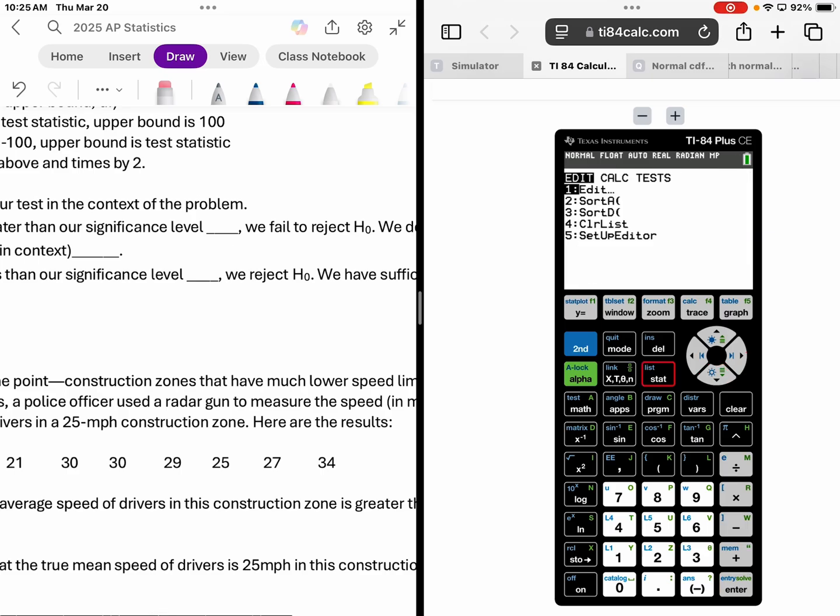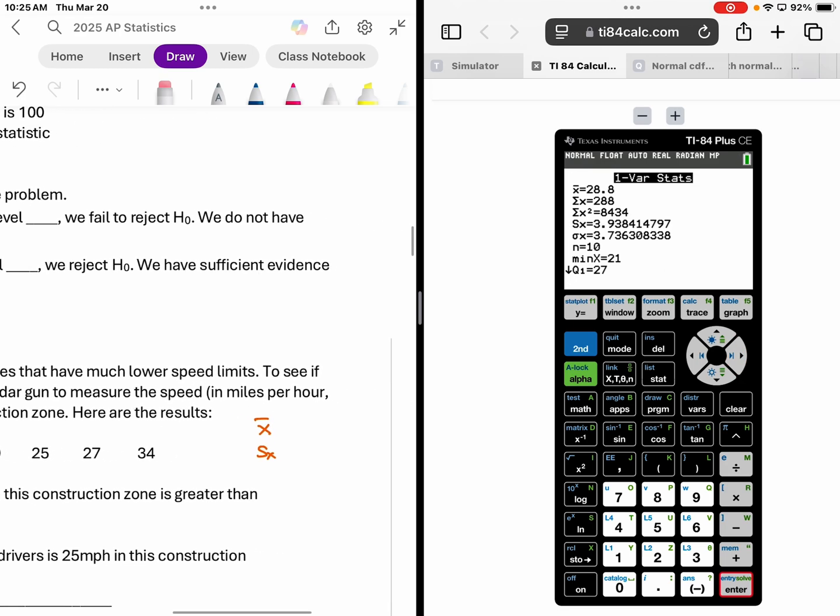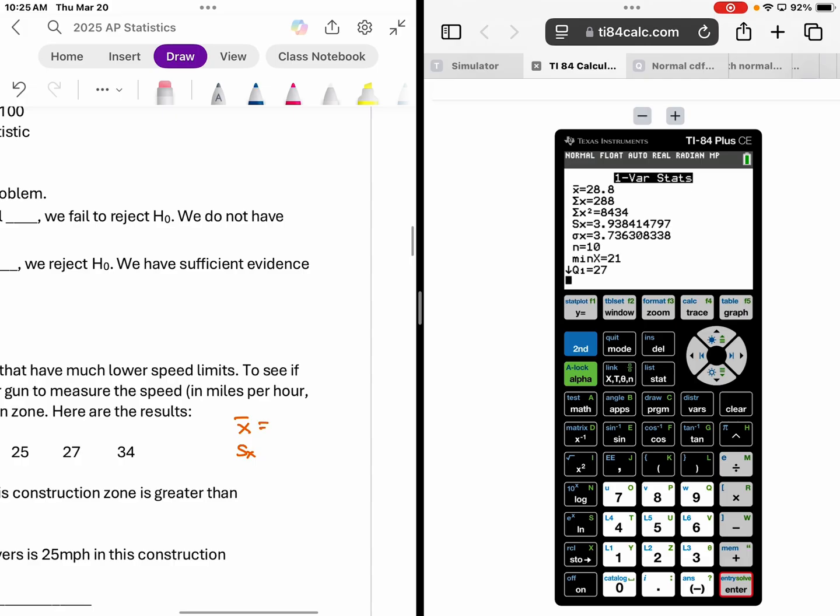All right, so I'm going to go in here and do stat, 1-Var Stats on L1. Again, I'm going to do this one the long way in case you forget the faster way. x bar is 28.8. S sub X, I'm going to grab it out to 6 decimals: 3.938415.